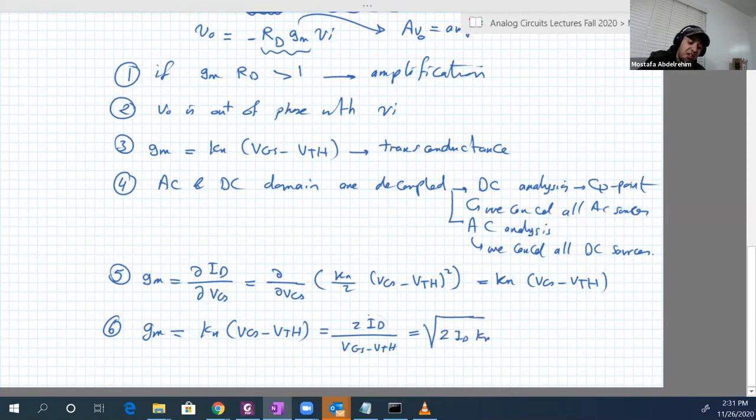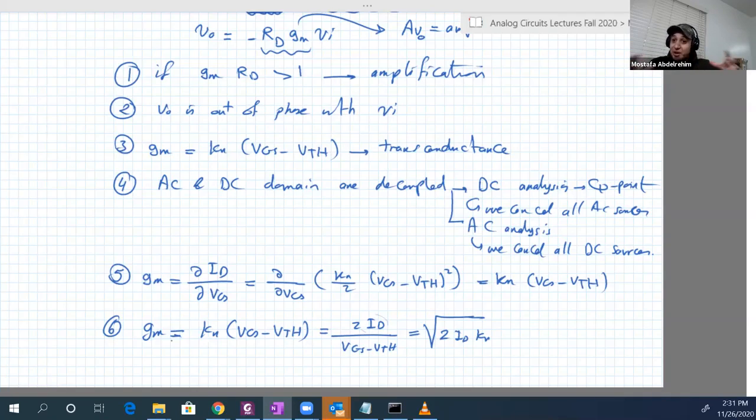If you remove ID here and put Kn over 2 (VGS minus V threshold) squared, you will get the same equation, the first equation. Again, if you remove this ID and also put Kn over 2, you will go back to the first equation. So they all lead to each other, but you may find one definition somewhere and another definition somewhere else, so you should know that all are the same.